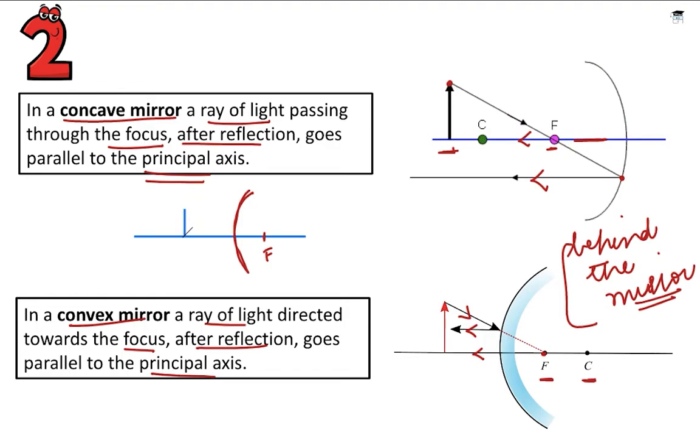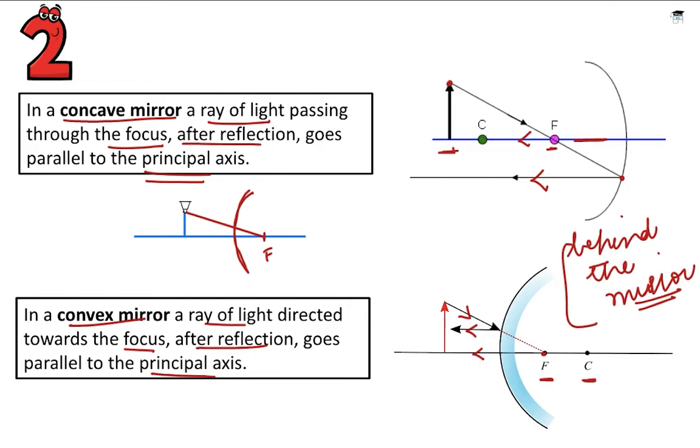This is the object. Okay, and a ray of light is coming from this object such that it appears that the ray of light will pass through the focus. It appears that it will pass through the focus, but it can't pass through the focus because the focus is behind the mirror.